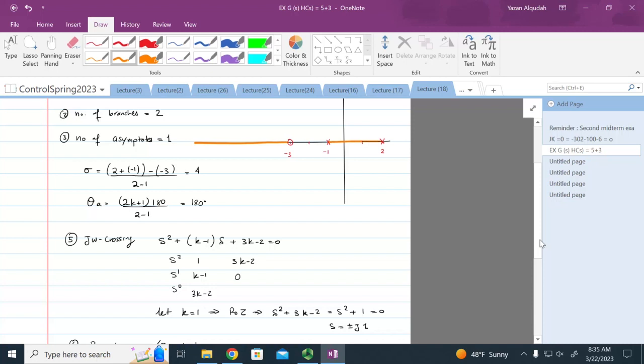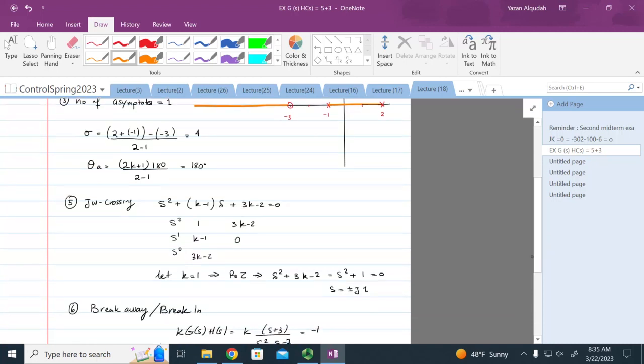But to be consistent, we do the Routh table: s squared, 1, 3k minus 2; s to the 1, k minus 1. If we set k equal to 1, this row disappears, which is the same as removing this term from the equation. Therefore, the j omega crossing is at s equal to plus or minus j1.